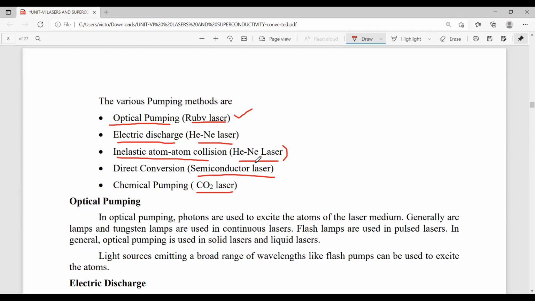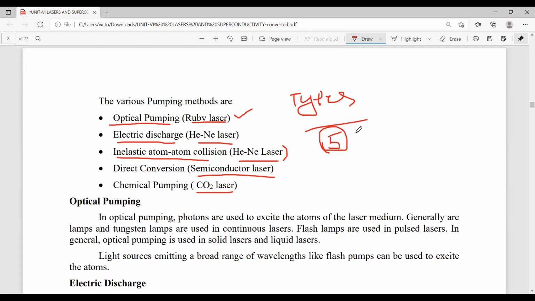So these are the types of lasers. Actually, we have 5 types: solid laser, also called the ruby laser; gas laser, called the helium neon laser; liquid laser; dye laser; and semiconductor laser.